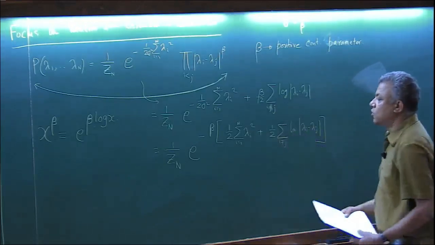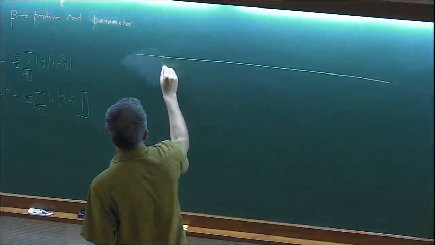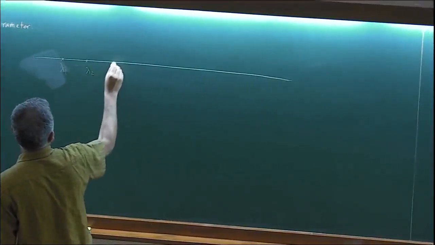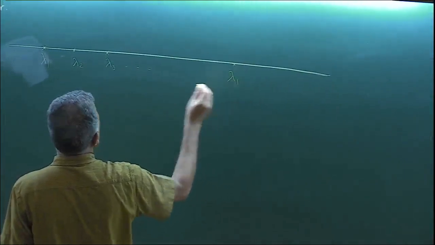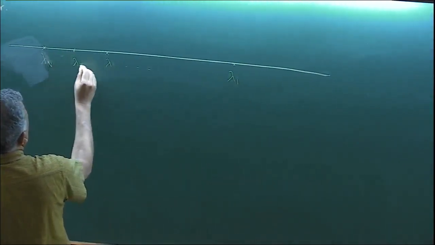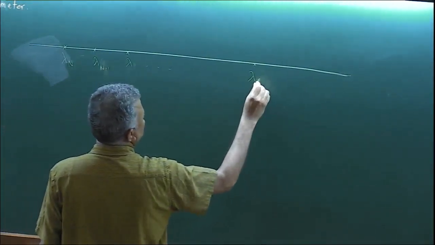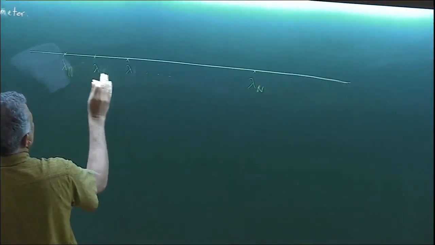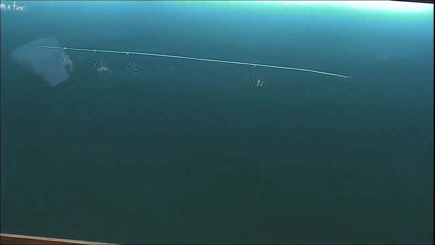Okay, so you have this object here. So I can think of now that I have a gas of particles on a line. Imagine that this is lambda 1, lambda 2, lambda 3, up to lambda n. Imagine that these are the positions of particles on a line, because these are real numbers.